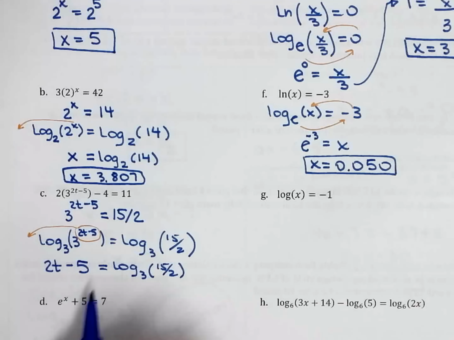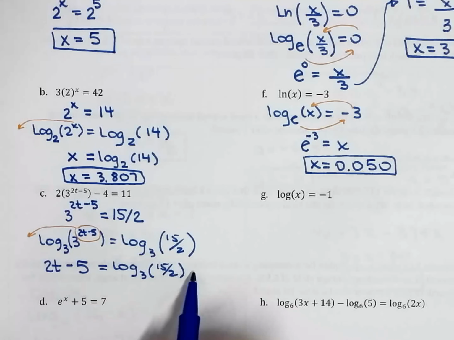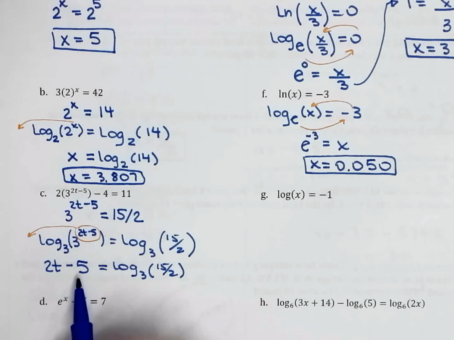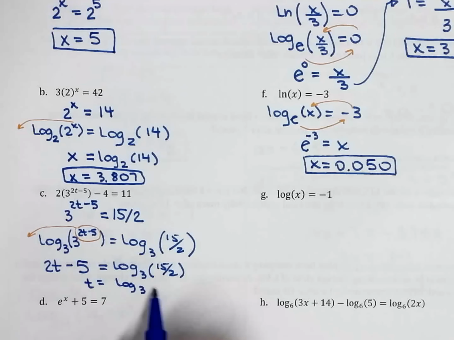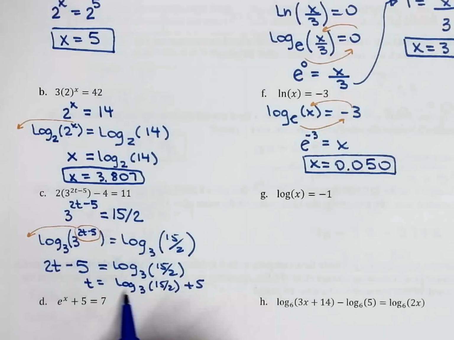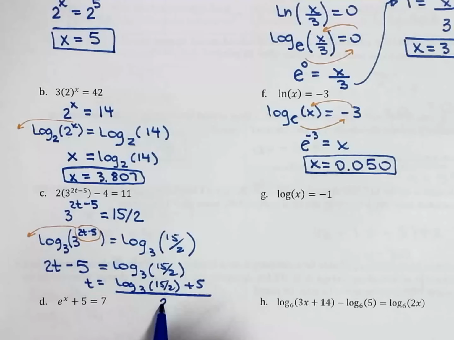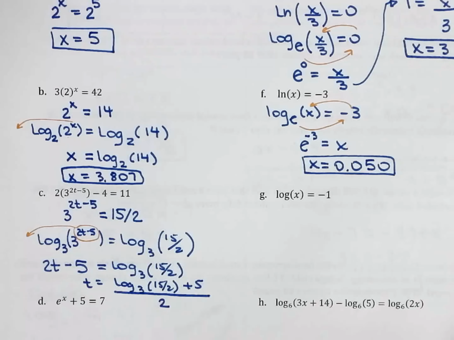I'm running out of room. So to isolate this, I need to add 5 to both sides and then divide that by 2. So t equals log base 3 of 15 over 2 plus 5, everything divided by 2.